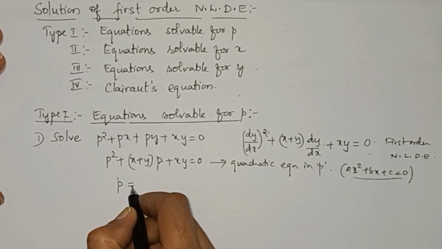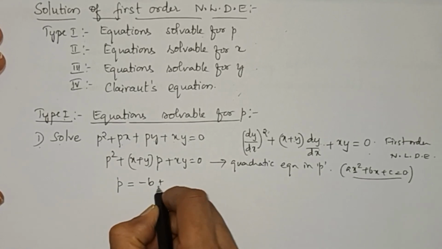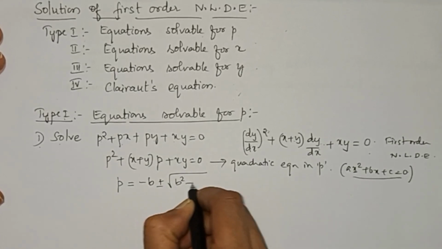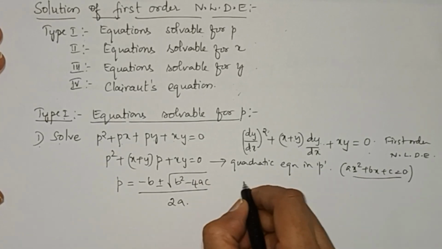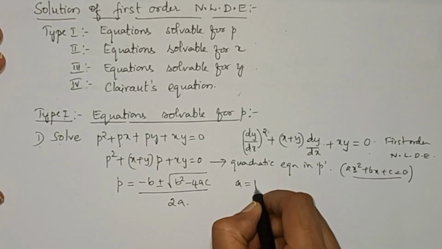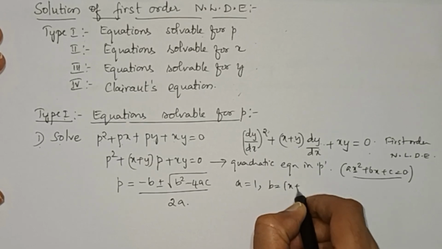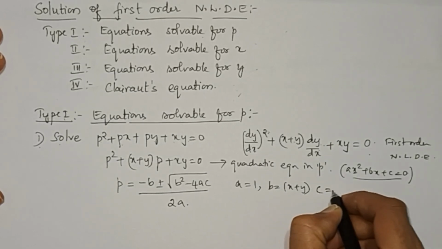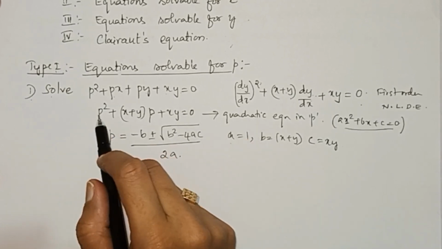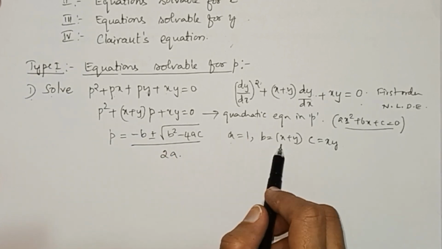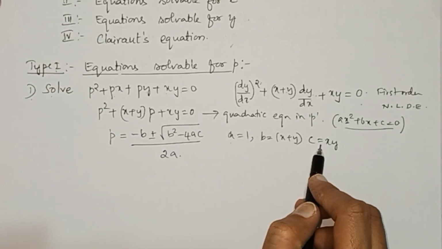So here instead of x you have p. So equation solvable for p, minus b plus or minus square root of b square minus 4ac divided by 2a. So here a equal to 1, b equal to x plus y, c equal to xy.